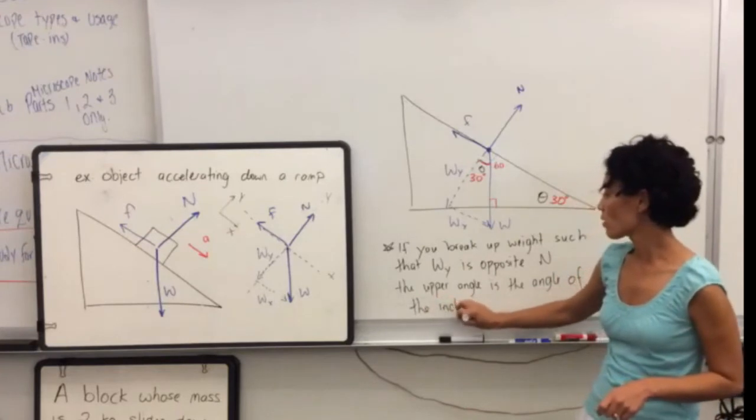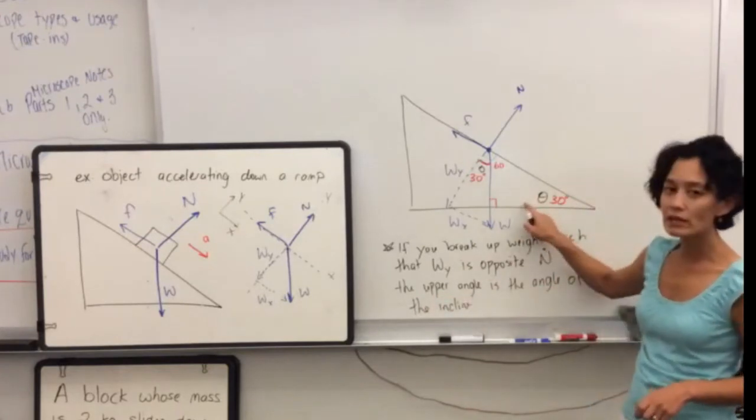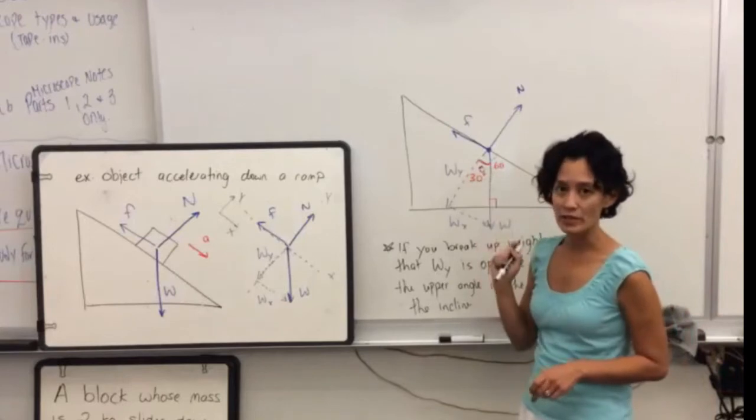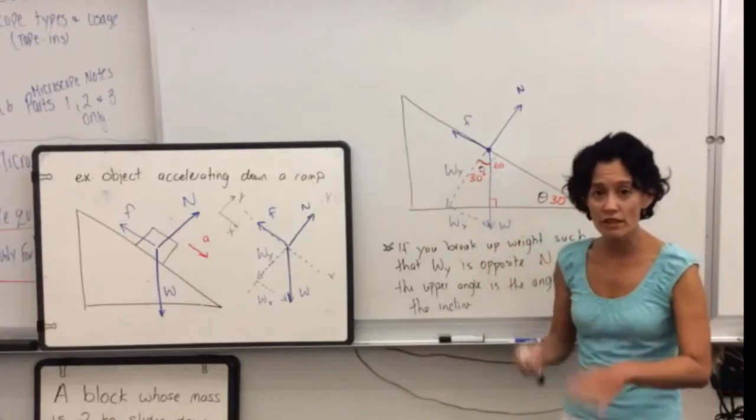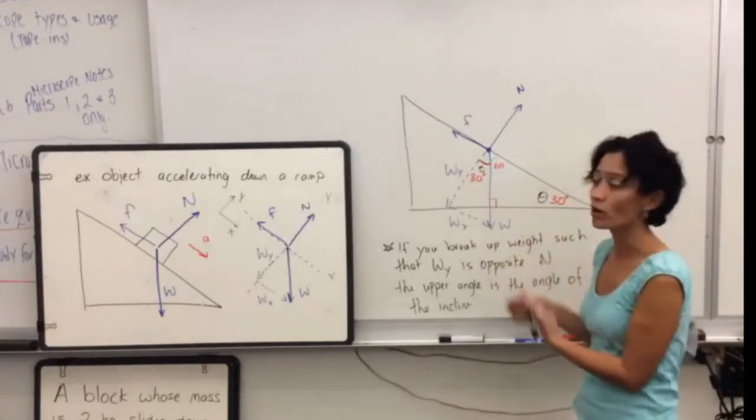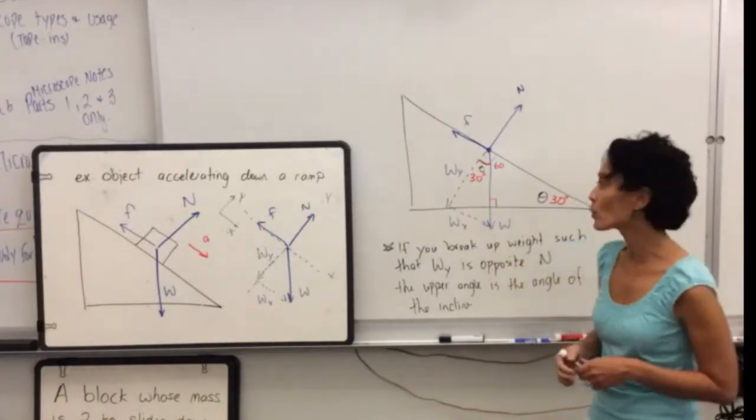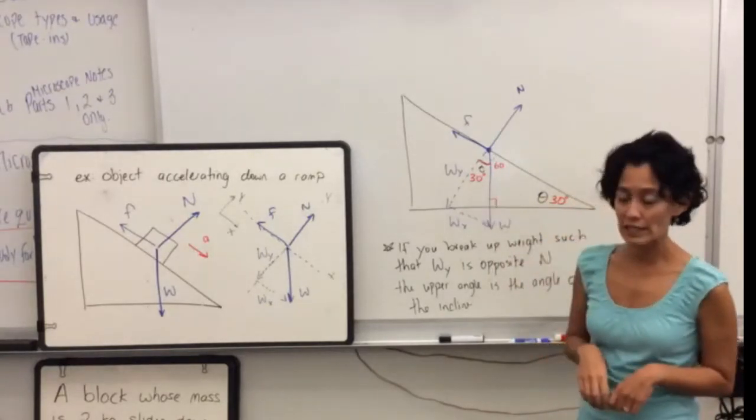Always, always, always. Whatever this angle is, that's what that angle is going to be as well. And once you've convinced yourself of it, you shouldn't have to rederive and draw all these triangles. You should just know that that upper angle is whatever the angle of the incline is.